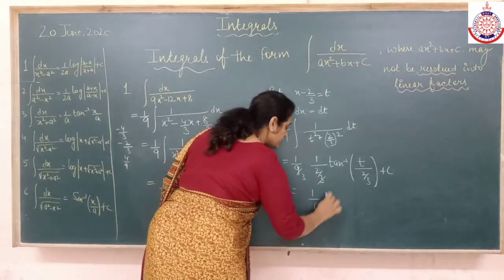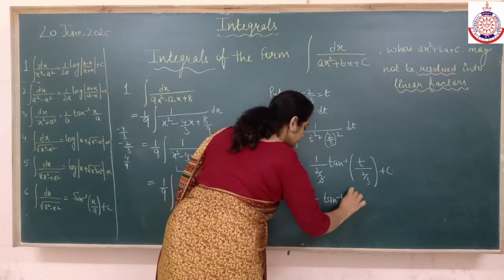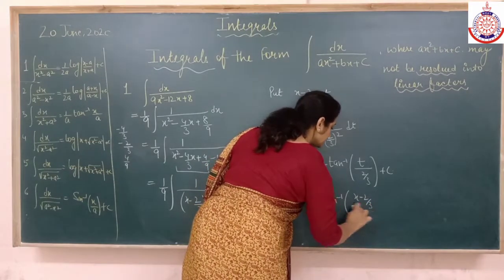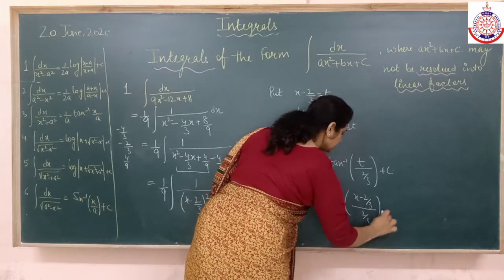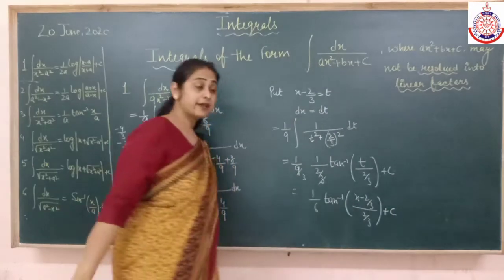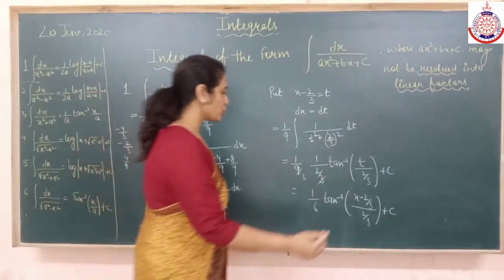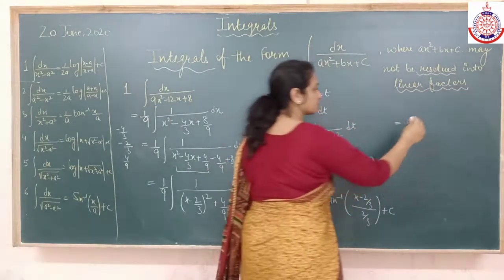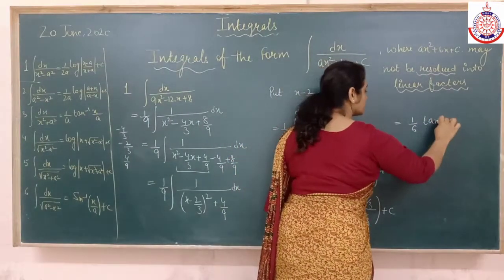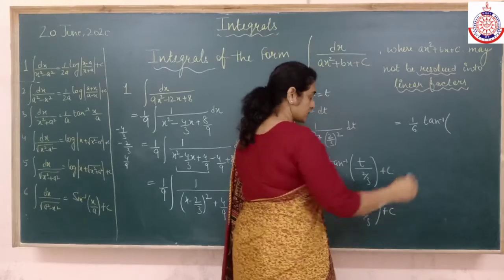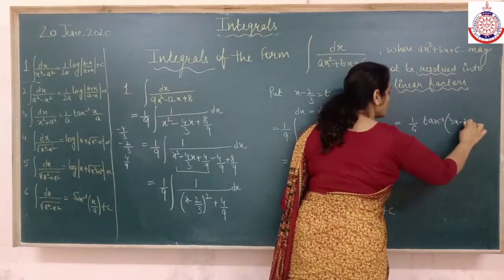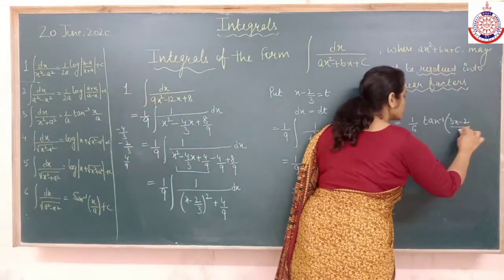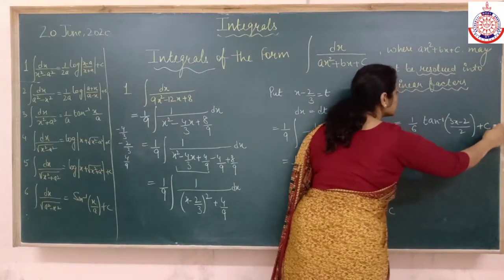Put the value of t, fine. Take LCM and further you can solve it. This 3x minus 2 upon 3, and this 3 will get cancelled, so it will be 2 plus c.